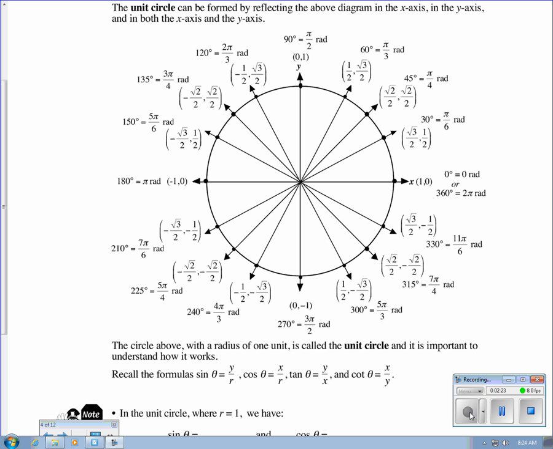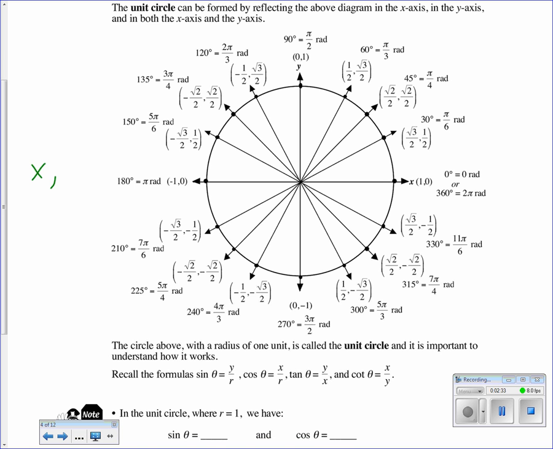So if you take a look, for example, I know that the sine of 30 is a half. So when I look at my unit circle, I remember that the x and y coordinates are set up in the form of cosine of the angle and sine of the angle. And how do you get tan of the angle?